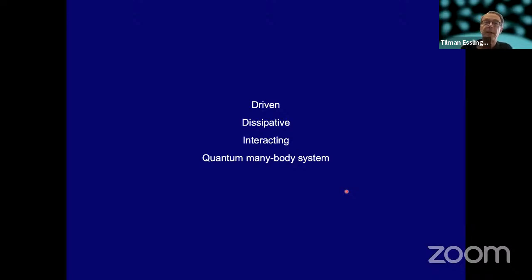And the new part, you can see here, is a driven, dissipative, interacting quantum many-body system. And this sounds so awful because it's so complex, but you will see it's not so complex, because here you can associate with the dissipation a very characteristic feature.